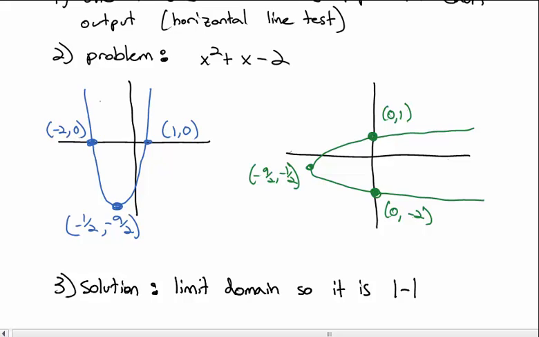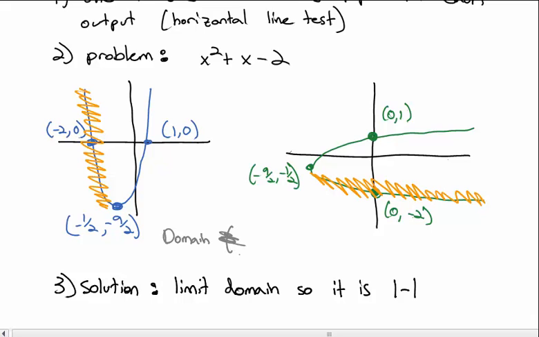If we were to get rid of one side, and it doesn't matter which, let's say I cross off the left side, now you see that it is one-to-one. The left side turns into the bottom of the inverse, and if I get rid of the bottom, just the top is there, and now it does pass the vertical line test. Now it is a function.